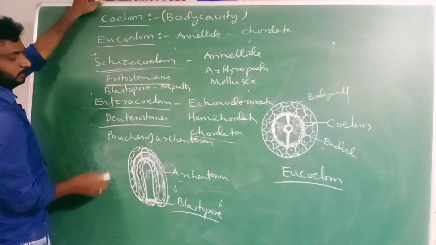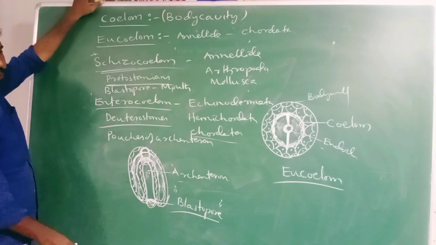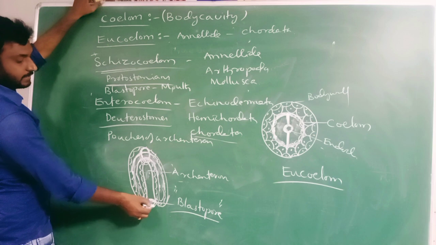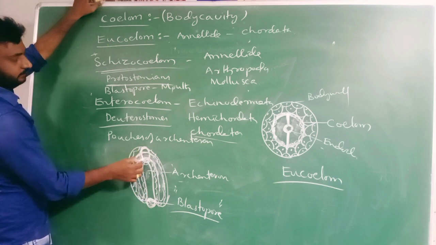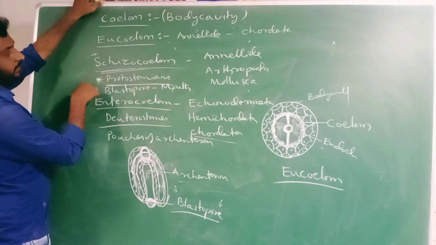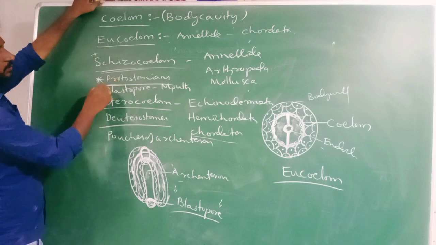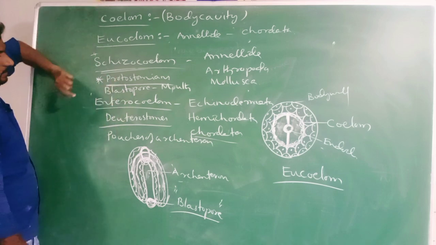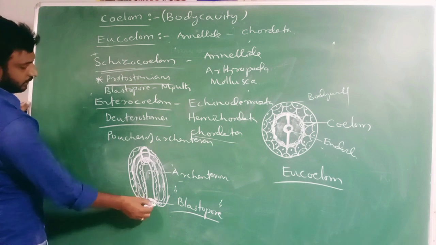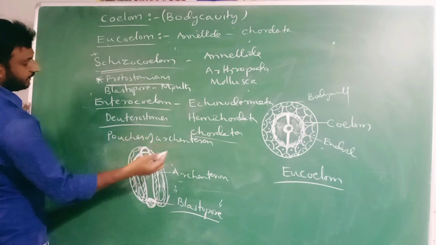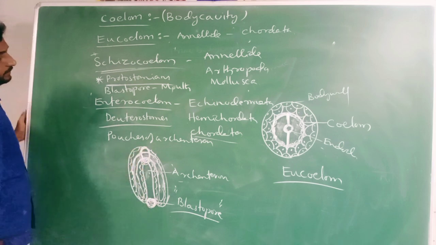That means in protostomians, first the mouth is formed, then secondarily the anus. All schizocoelomates are protostomians: Annelida, Arthropoda, and Mollusca. The blastopore develops into the mouth and the opposite end anus is formed secondarily. Primary pore is mouth, secondary pore is anus.